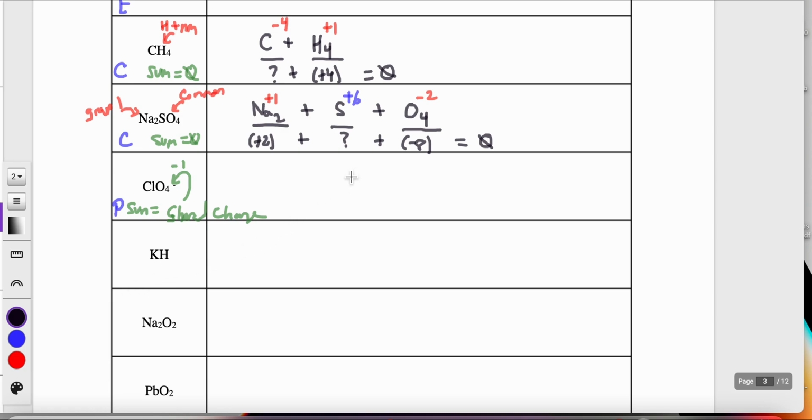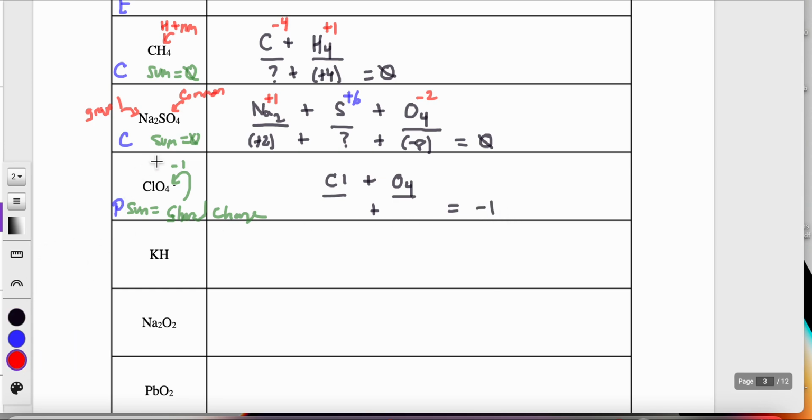I'm going to use the same technique. In this polyatomic ion, there is a chlorine, and it is bonded with 4 oxygens. When I add these up, instead of equaling 0, they have to equal that shared charge of -1.